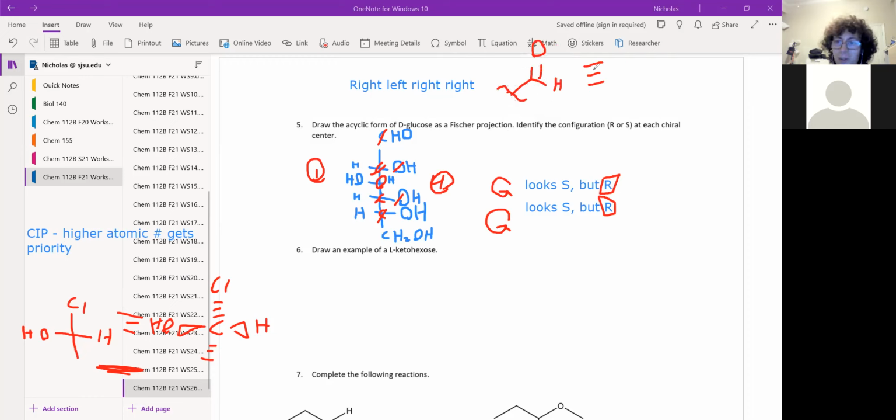You can interpret the double bond as having two bonds to whatever it is. So this is an aldehyde, so there was a double bond there. You can think of it as the carbon having bonds to two different oxygens, and then one of the oxygens having bonds to two different carbons. So you can look at it like this.